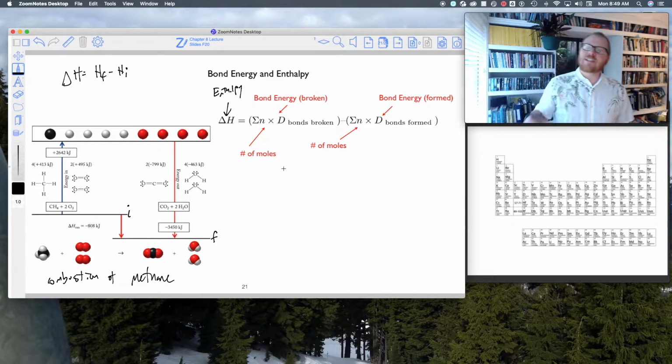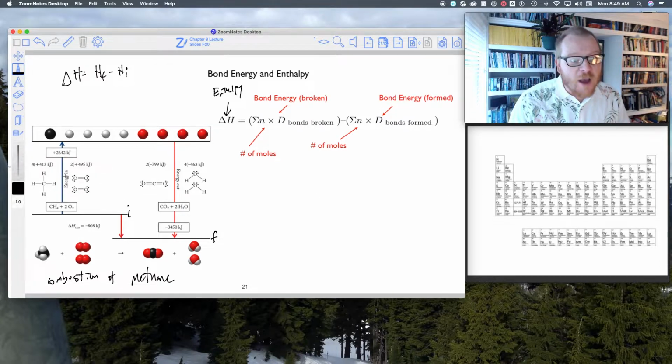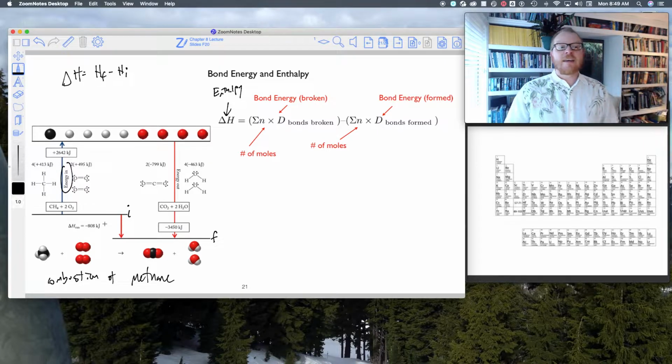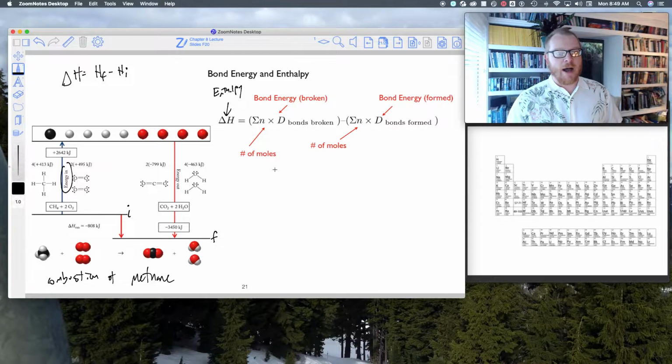However, we can start to see now why you have to spark a mixture. When you have a mixture of methane and oxygen, it doesn't necessarily spontaneously combust, though it could if we raised the temperature high enough. That's called the flash point. So we do have to put some energy in to get those bonds to start to break. Specifically, we have to break 4 carbon-hydrogen bonds and 2 oxygen-oxygen double bonds.